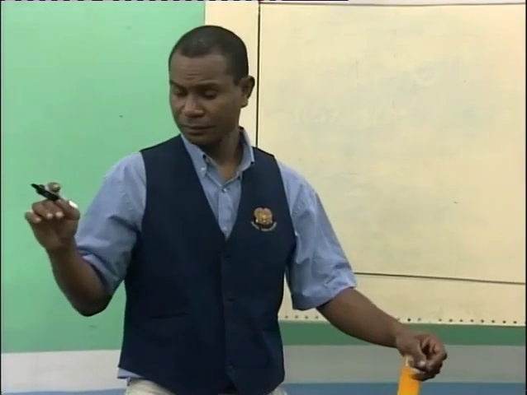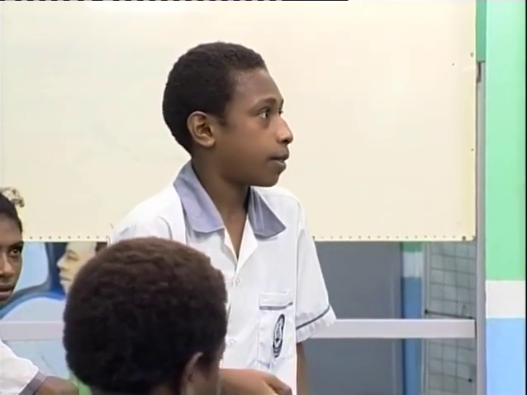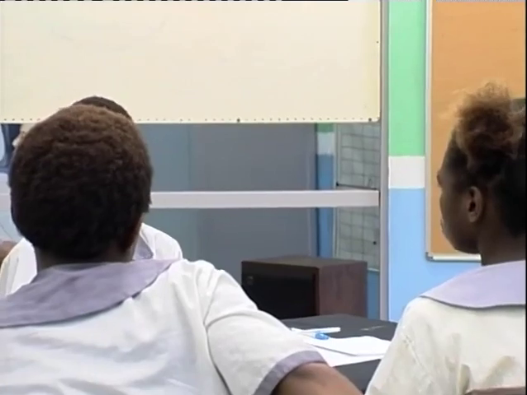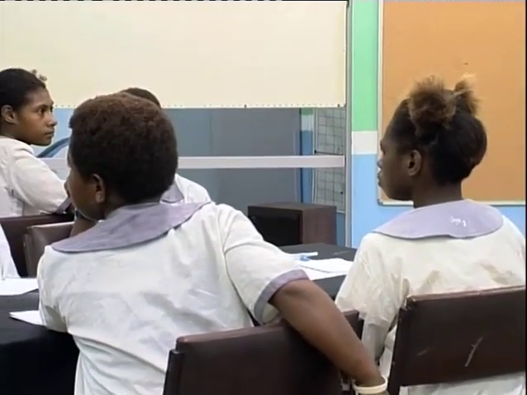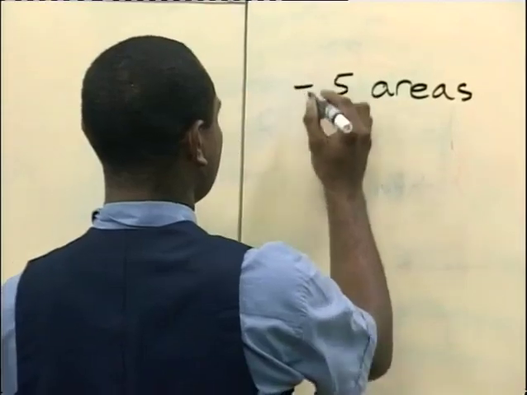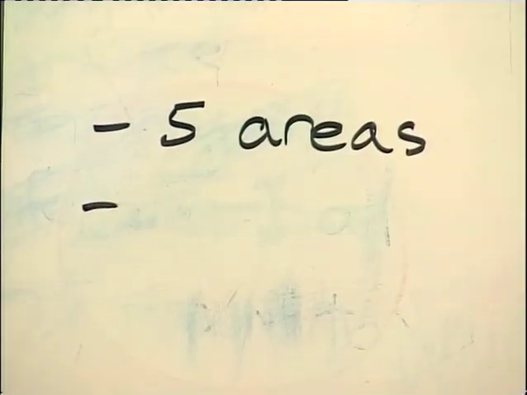Isaac? 5 areas. Okay, there were 5 areas we looked at. We looked at 5 areas, and what did we find in those 5 areas?